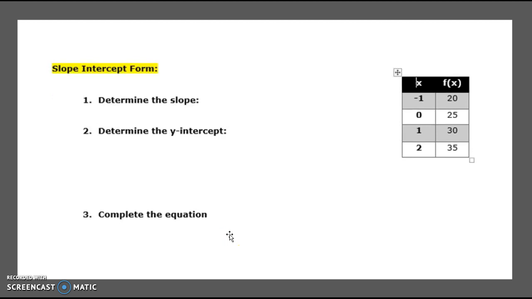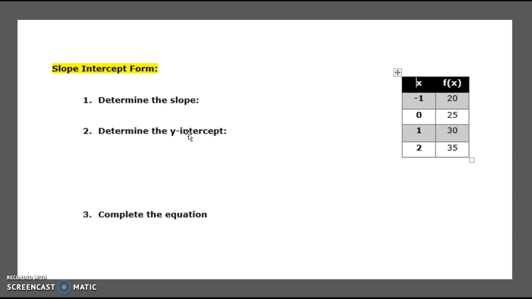The last part of that is using the exact same information and finding the slope-intercept form. You've already determined the slope, so you should be able to write that right here. The next thing I want you to do is to determine the y-intercept, and you can go back to example number 2 and do it by substitution and solve by hand, or you can put that table in your calculator in the stat function and use stat calc 4 to find the y-intercept.